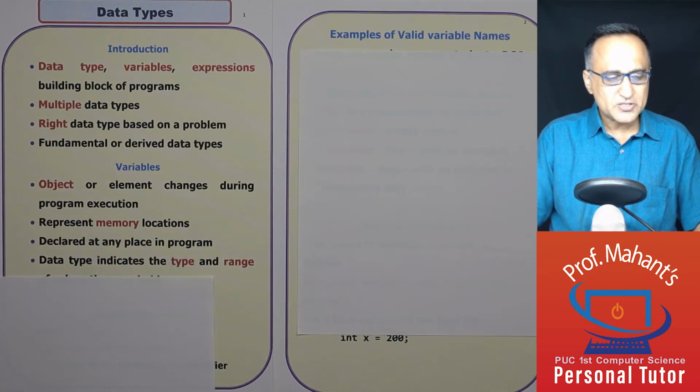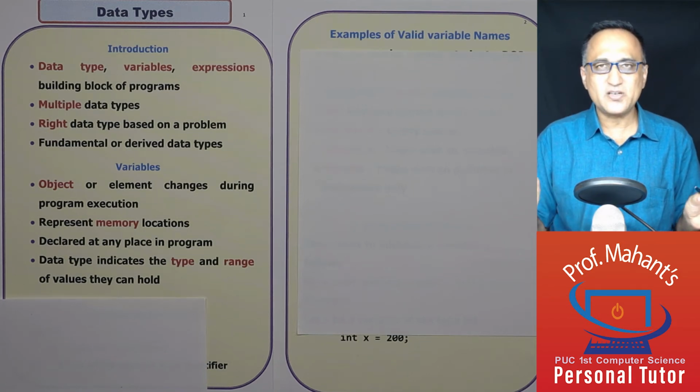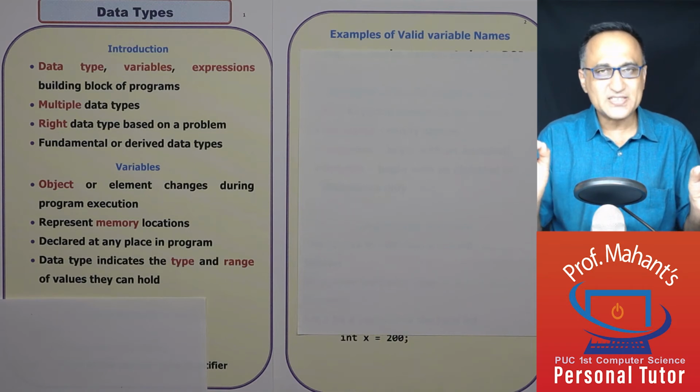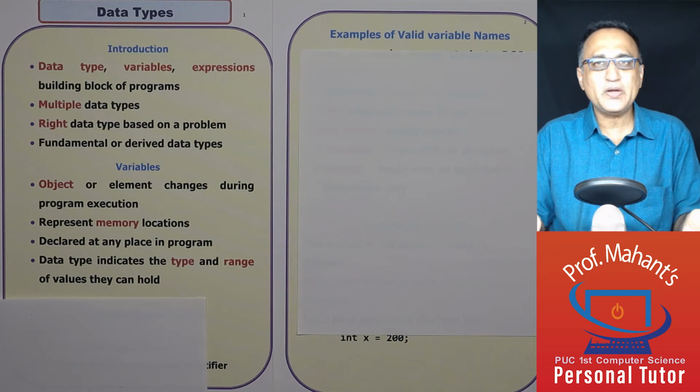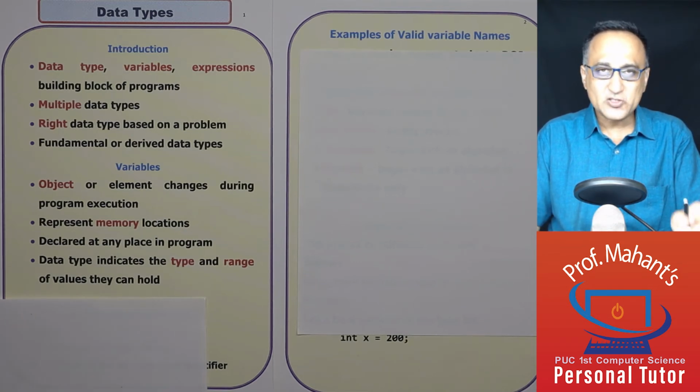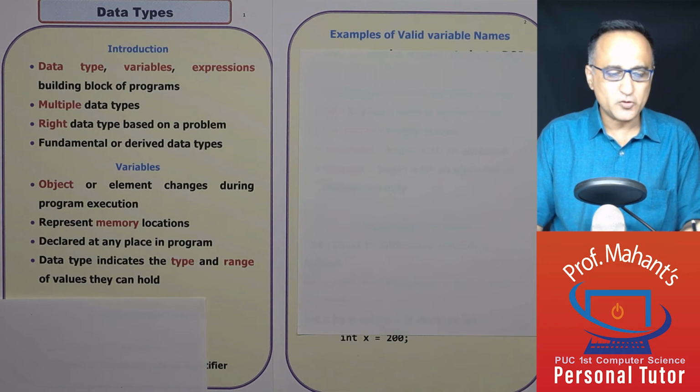Now variables may be declared at any point in a program. It doesn't require that you declare it at the beginning, but before usage you have to first declare it, because you need to intimate the compiler what type it is, because the compiler needs to allocate memory space for that. For example, if it is a character data type, it occupies only 1 byte, whereas an int occupies between 2 to 4 bytes. So the type of the data has to be indicated before it is used.